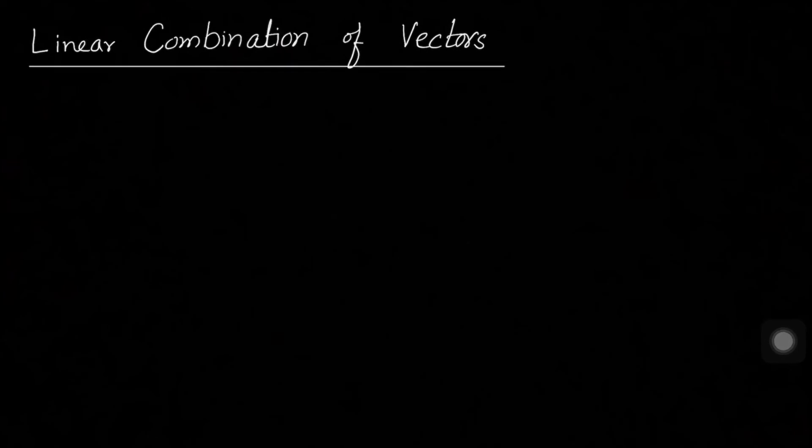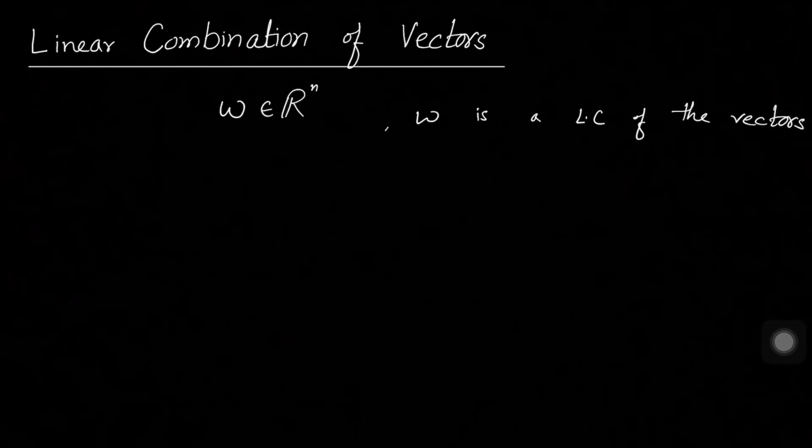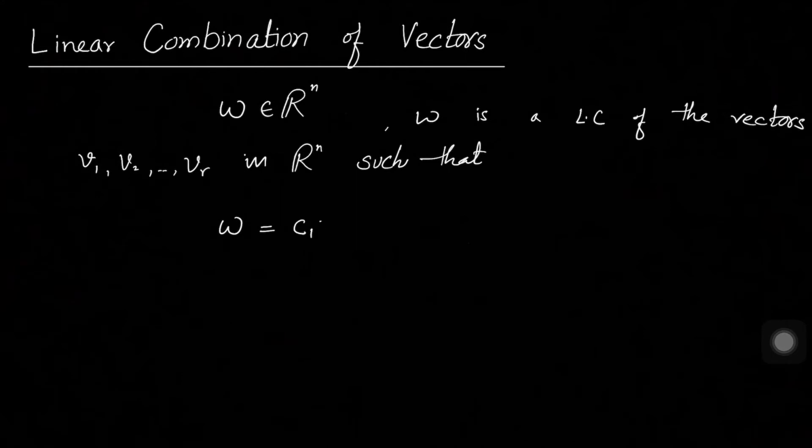Now let us discuss the linear combination of vectors. Suppose you have a vector w, it is in Rn, then we say that this w is a linear combination of the vectors v1, v2, vr if you can write down w as the linear combination of these vectors.